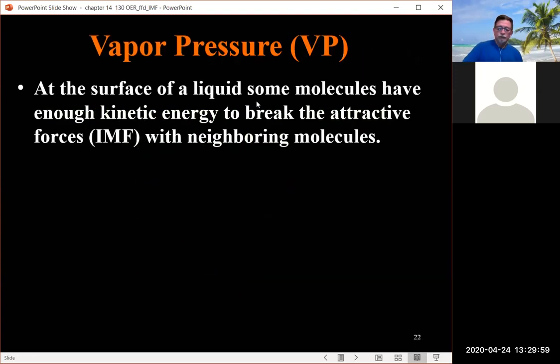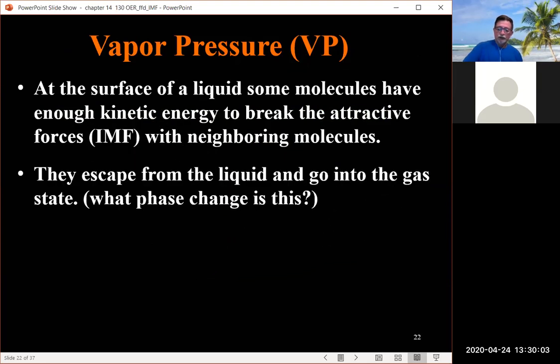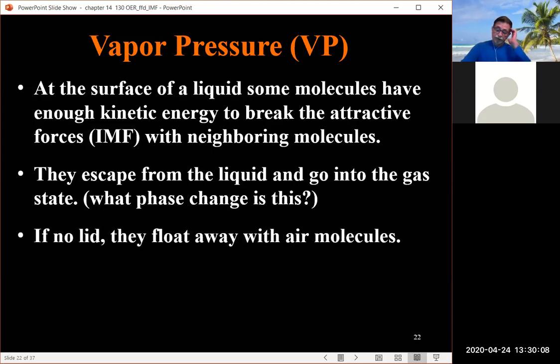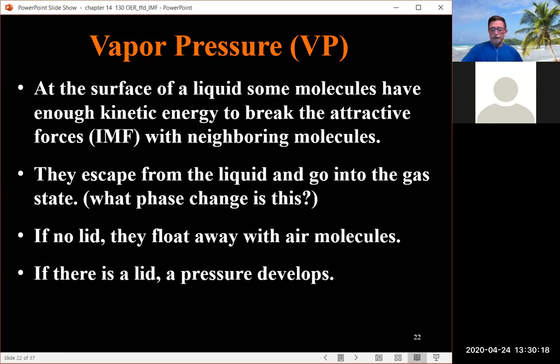All right. So vapor pressure, I just talked about that. Vapor pressure is just a measure of a closed container of liquid going into the gas phase. It has to be closed, obviously. And you know what happens with a lot of liquids, you keep the cap off, it evaporates and you lose liquid, and so forth.